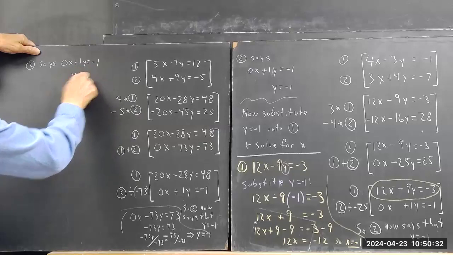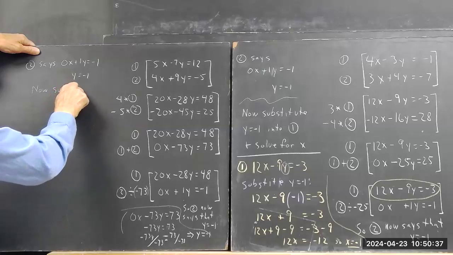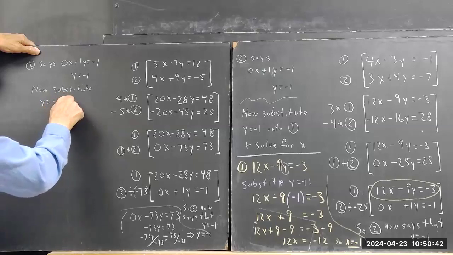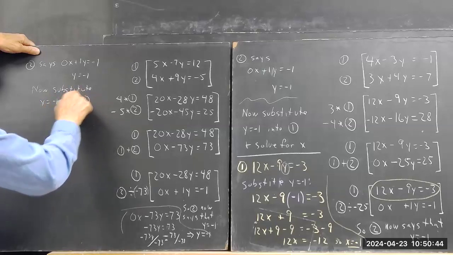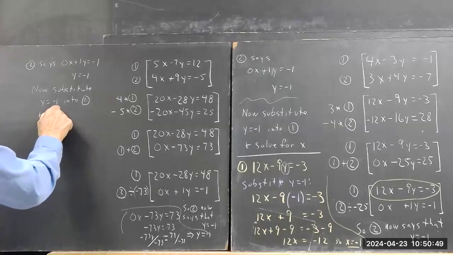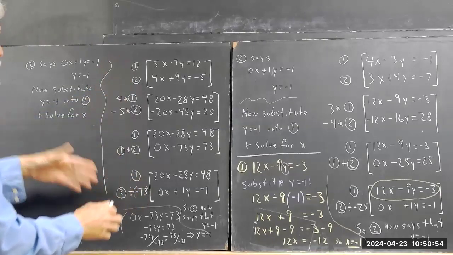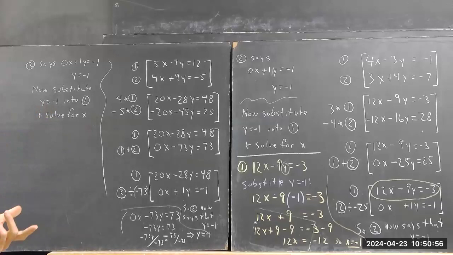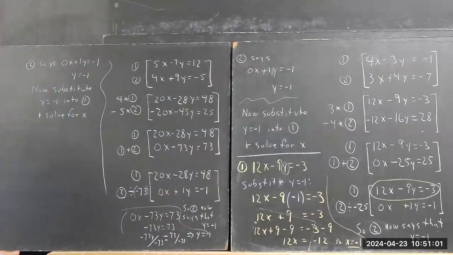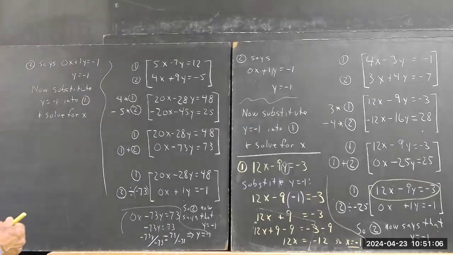So y equals negative 1. Now we substitute y equals negative 1 into equation 1 and solve for x. Even though we're pressed for time, I'm still going to do what I said. I'm writing out every word. Write out every word. It's going to sink in better.